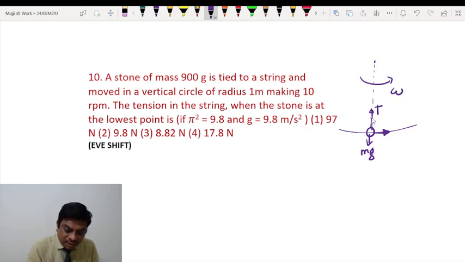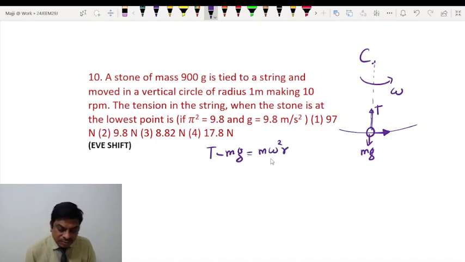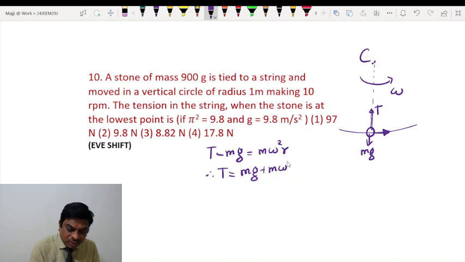Then as per the law of circular dynamics, net force towards the center must be equal to centripetal force. Therefore T equals mg plus m omega square.